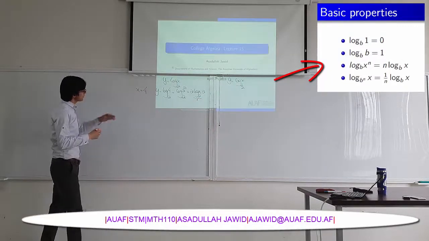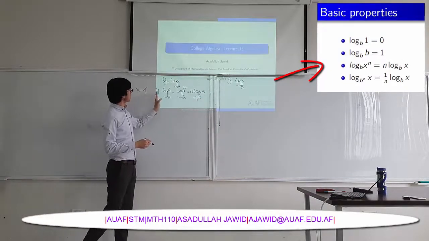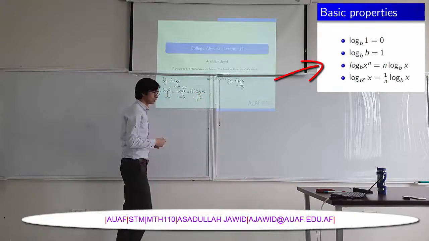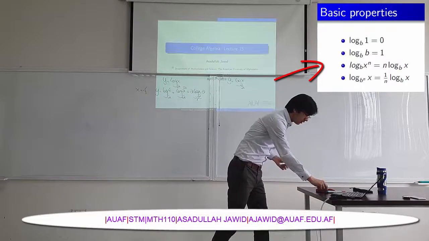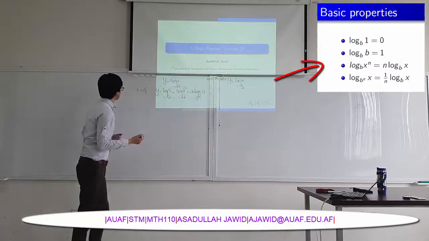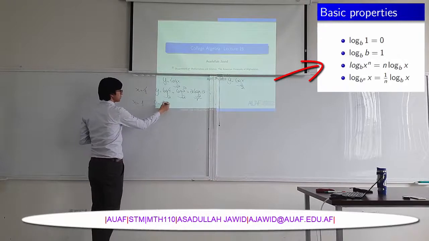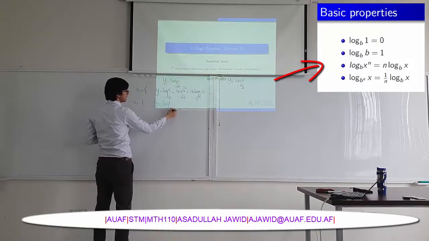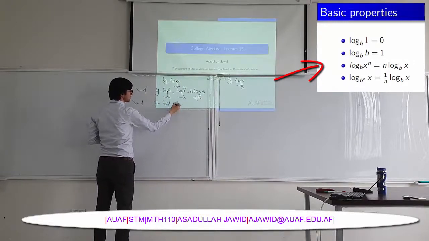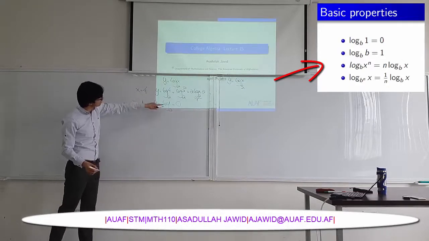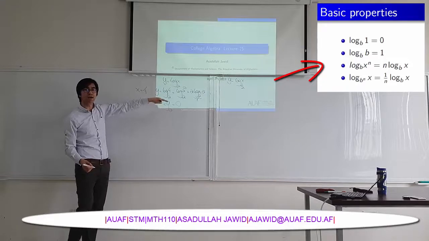Okay, now we see if x is 4, y, which is the log of 4 in the base of 2, is 2. Now, suppose x is 1, then y is equal to the log of 1 in the base of 2, which is 0. When x is 1, the log of 1 in the base of any number is 0.